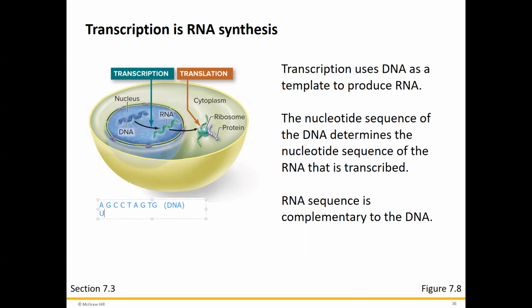So the complement to A must be U. But guanine does indeed pair to cytosine. Cytosine pairs with guanine, right? So we would be able to do this, changing all of these letters into complementary letters of the other.